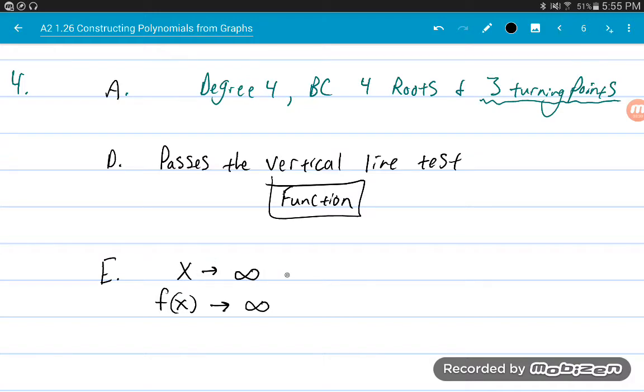As it goes infinitely to the right, which is x going to infinity, that's what it means along the x-axis, it goes up, which is towards y equals infinity. And just remember that f of x means y.